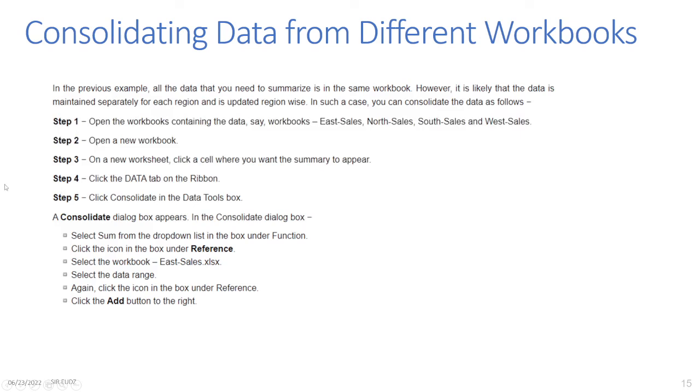In the previous example, all the data that you need to summarize is in the same workbook. However, it is likely that the data is maintained separately for each region and is updated region-wise. In such a case, you can consolidate the data as follows. Step 1. Open the workbooks containing the data, say workbooks for East Sales, North Sales, South Sales, and West Sales.